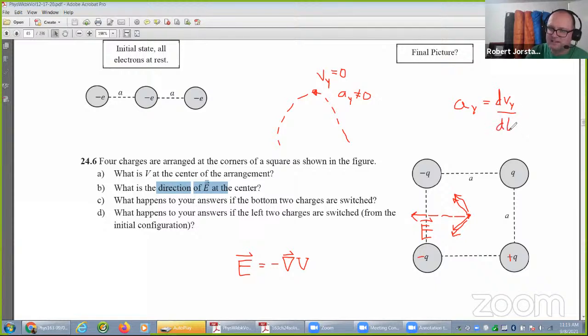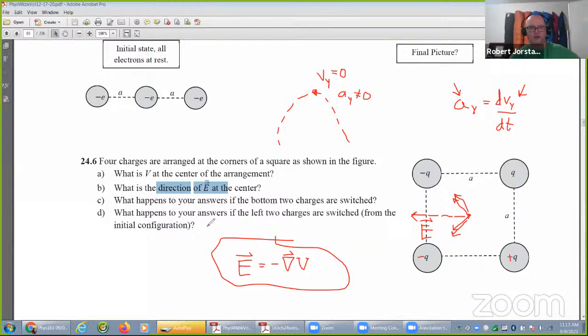So in these cases, just because one thing is equal to 0 doesn't mean the other is. Even though they're related by a derivative, it's possible that you could have 0 electric field and non-zero voltage, or vice versa. Similarly, we might have 0 velocity but non-zero acceleration.